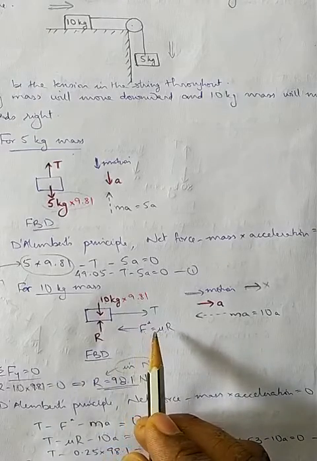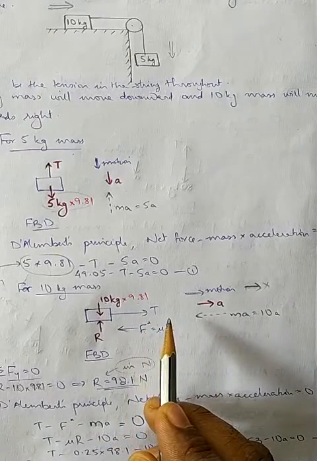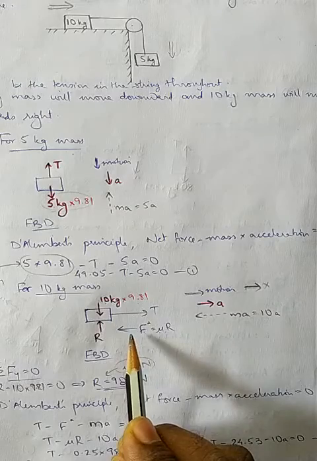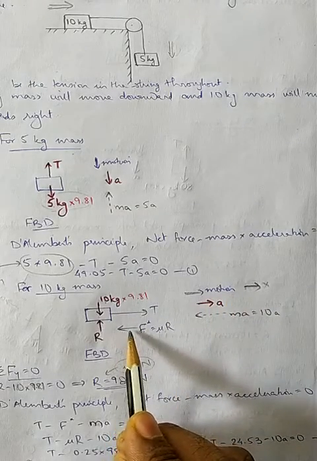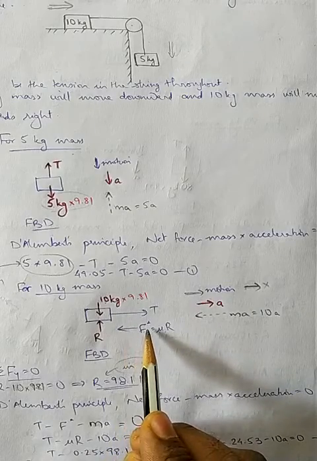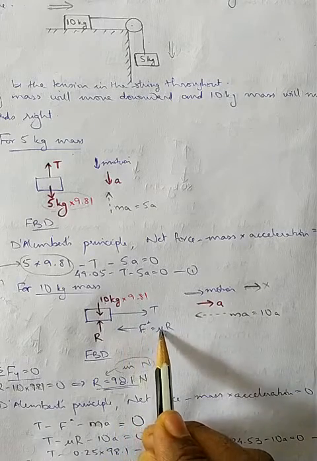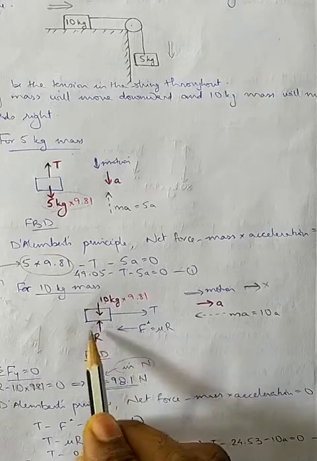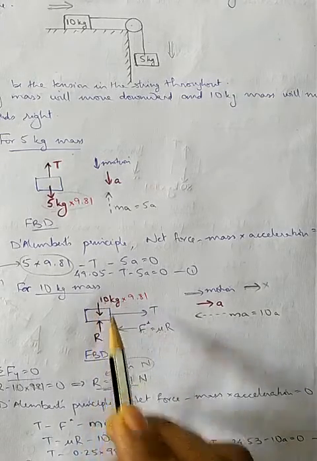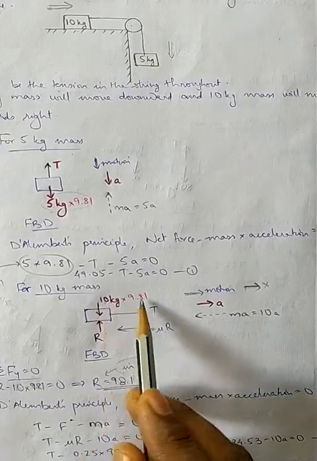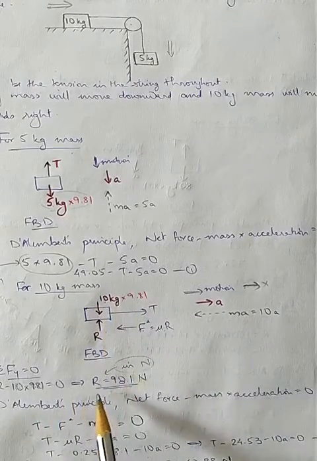Now again, as the surface is rough, the coefficient of friction is given. As the direction of motion is towards right, there will be a frictional force towards left. Frictional force is represented by F star, which is equal to mu into R. Now how to calculate this R? Summation of force in this direction will be equal to 0, which means R minus 10 into 9.81 equal to 0. So you will be getting R.